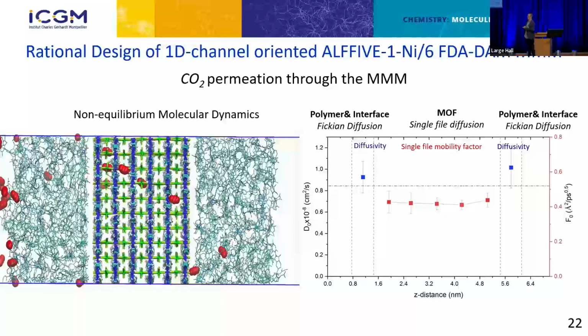It means that the molecules are not crossing each other. They are diffusing behind each other because the channel is very confined, about 3.5 to 3.6 angstroms. It means you have a really regular diffusion of the molecules towards the MOF, and you see that the diffusion remains more or less flat along the MOF direction.